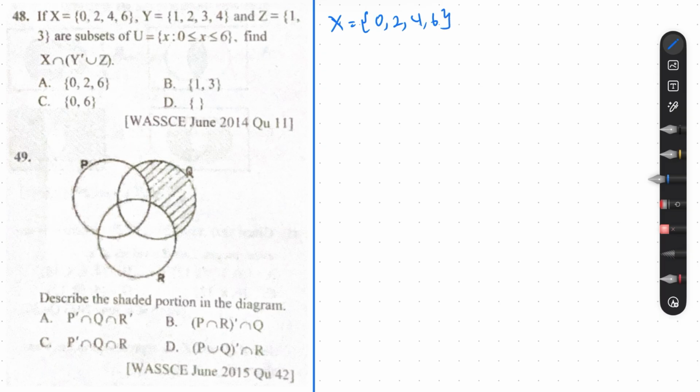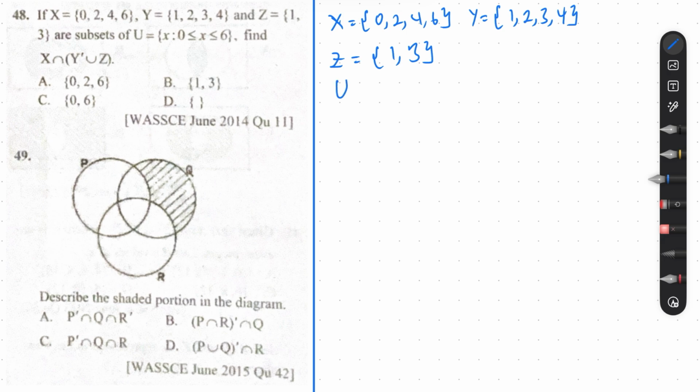Okay, and then y is the set 1, 2, 3, 4. That's y. And then z is the set 1, 3, and then the universal set U contains the elements from 0 to 6, all inclusive, right?